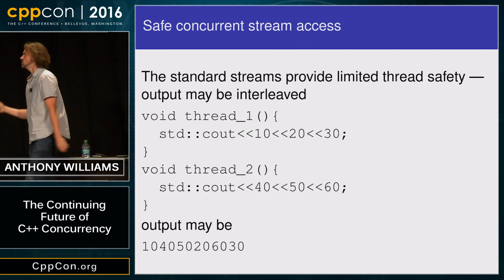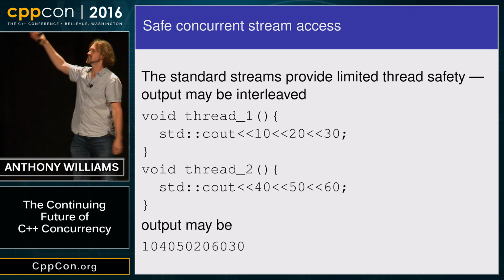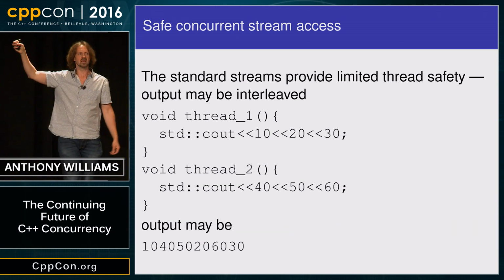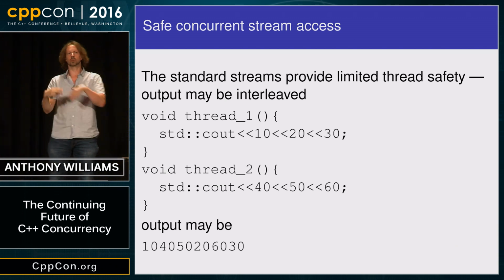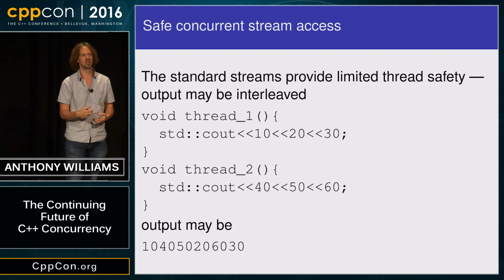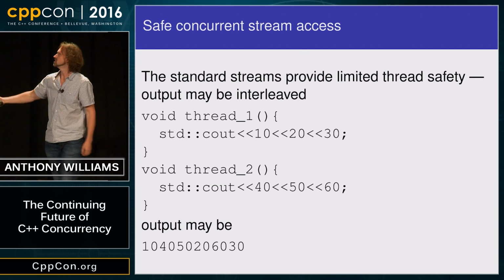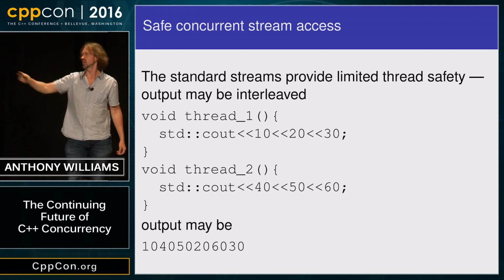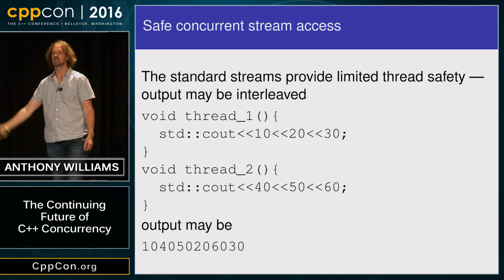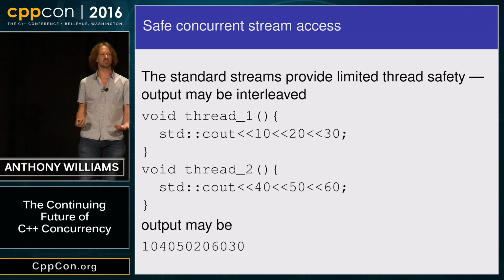Okay, safe concurrent stream access. At the moment, if you use the standard output streams, then it is guaranteed that each individual insert is atomic from the point of view of the final output. But if you're doing multiple inserts, say 10, 20, 30 as 3 separate inserts, and another thread does 40, 50, 60 as 3 separate inserts, then the 2 threads can be interleaved.